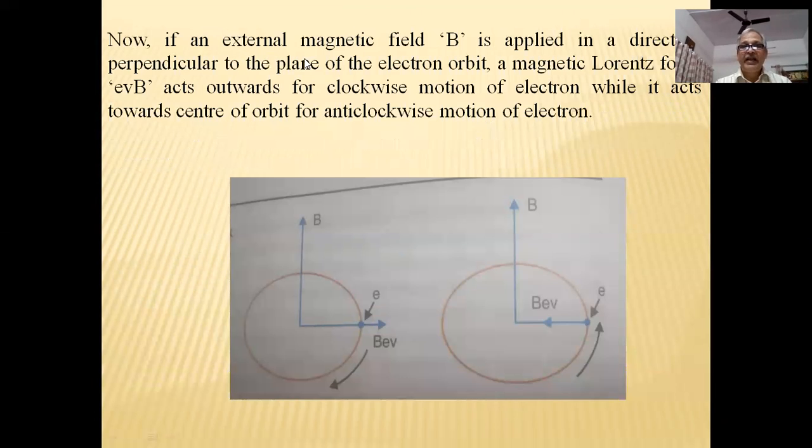Now, if an external magnetic field B is applied in a direction perpendicular to the plane of the electron orbit, a magnetic Lorentz force eBv acts outwards for clockwise motion of the electron, while it acts towards the center of the orbit for anti-clockwise motion.